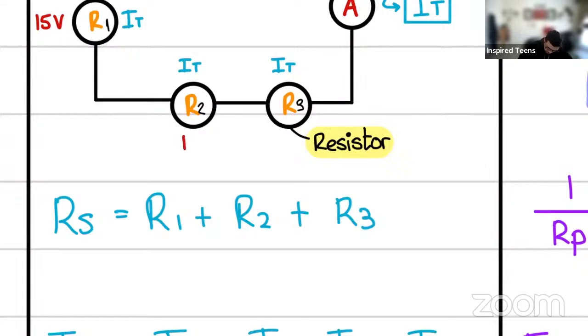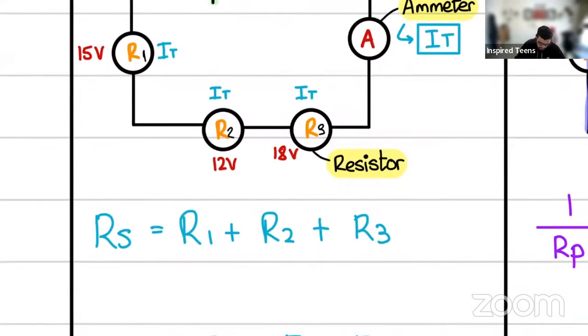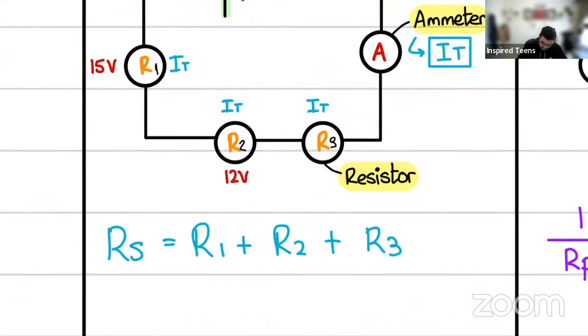Let's just say 12 volts go here, and that would make this last one 23.